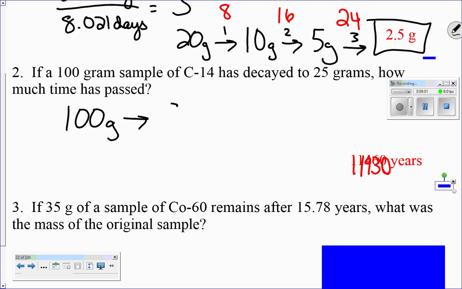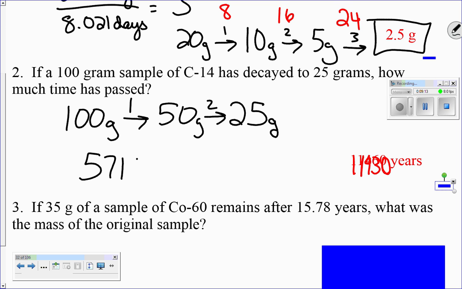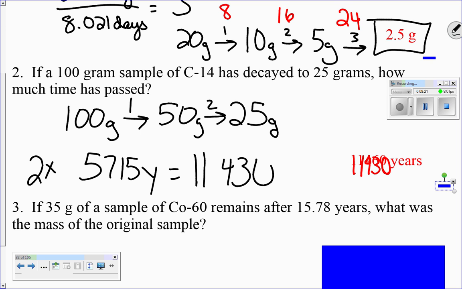That gets chopped to 50 and then to 25 by going through 2 half-lives. Each half-life for carbon is 5,715 years. 2 times that is going to give me 11,430 years. Sorry for the original error in that.